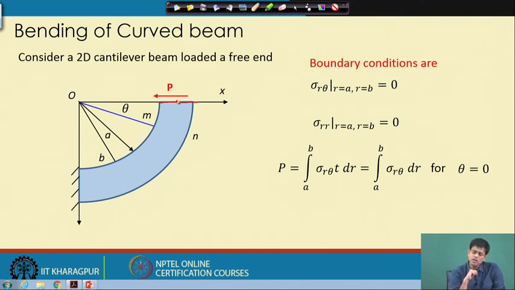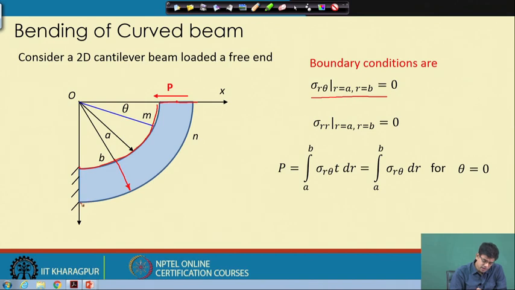Now, for the boundary conditions, we will follow the usual theory of elasticity approach. The boundary conditions are that sigma r theta at r equals a and r equals b is 0. So there is no shearing stress along these free parts. r equals a is this and r equals b is this.